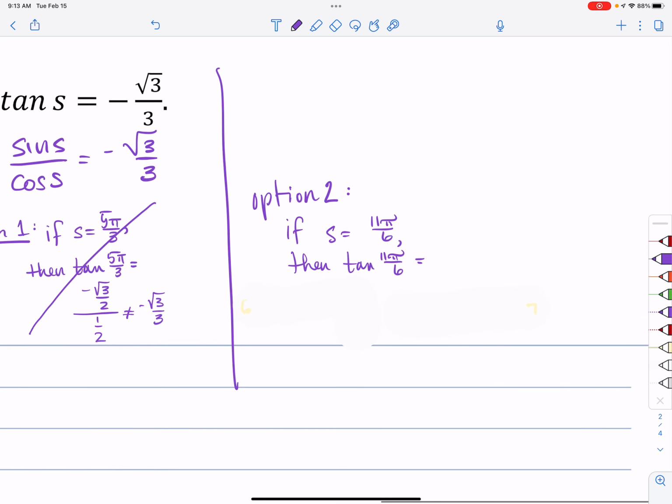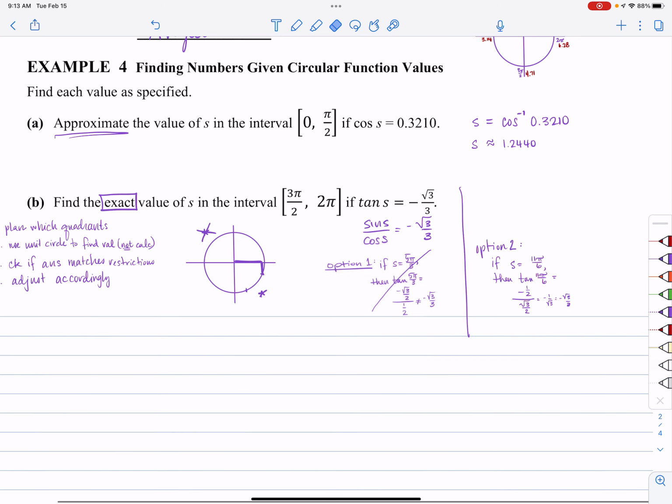So that's going to be a negative 1/2 over root 3 over 2. When I simplify this by dividing fractions, multiplying by the reciprocal, I'm going to get negative 1 over root 3, which is going to simplify to negative root 3 over 3. So then what we understand from that is that 11 pi over 6 is the option that will work.